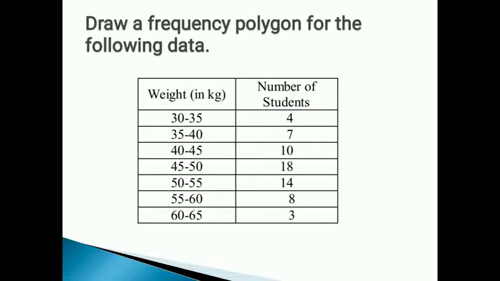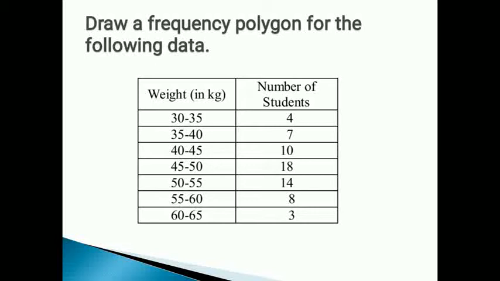Like this, the third class is from 40 to 45 with frequency 10. Next class 45 to 50 kilograms and the frequency of that class is 18. Next 50 to 55 kilograms and the frequency of that class is 14.